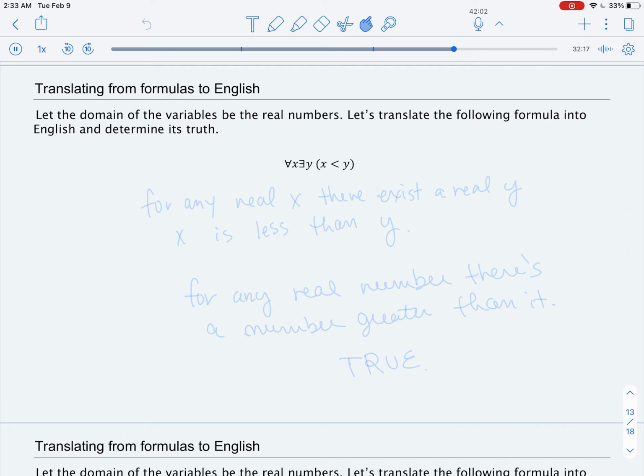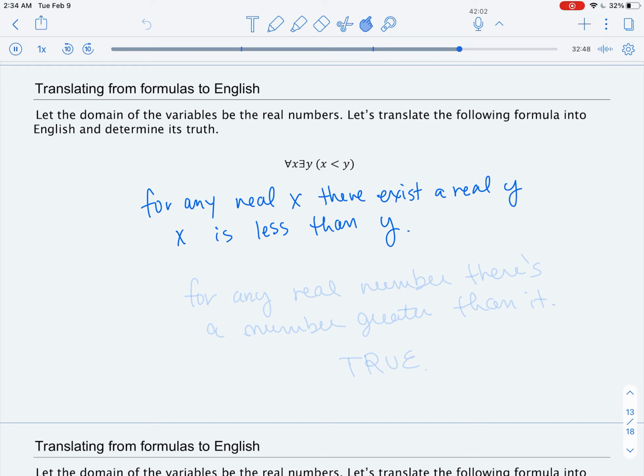So it's saying for any real number x, there exists a real y such that x is less than y. Now that's awkward English, but it is a translation of what is written in first order logic there.